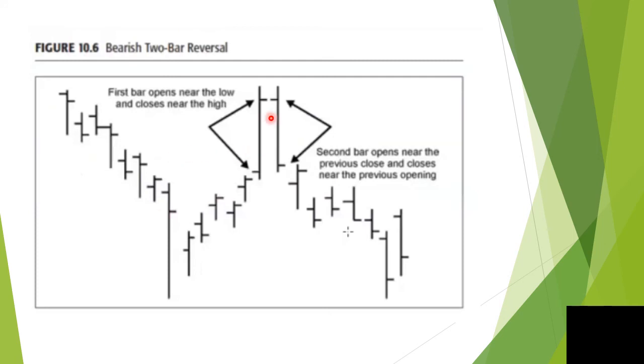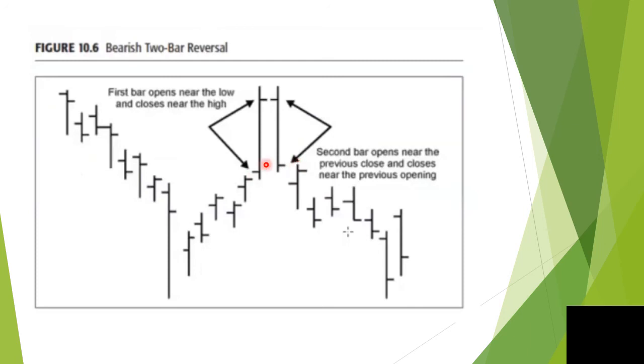So kita tengok kat sini, this is the 2 bar reversal. So kat sini kita open, first bar opens near the low and closes near the high. And then later dia buka balik, second bar opens near the previous close and closes near the previous opening.